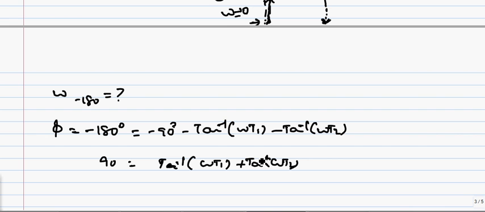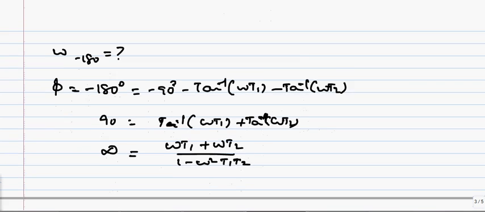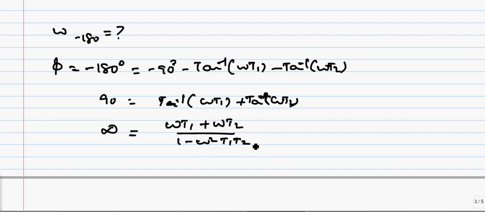We saw this equation before. If you take tan at both sides, we'll have infinity equals omega t1 plus omega t2 over 1 minus omega square t1 t2. Now if you take this, the denominator should be 0, because we know omega is not infinity.